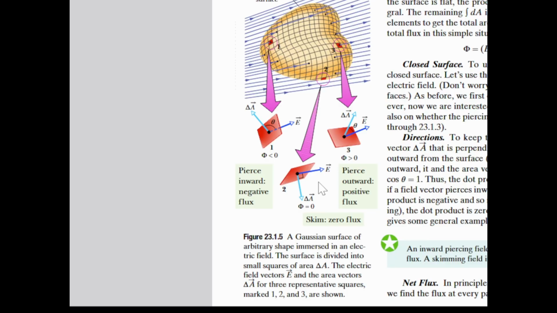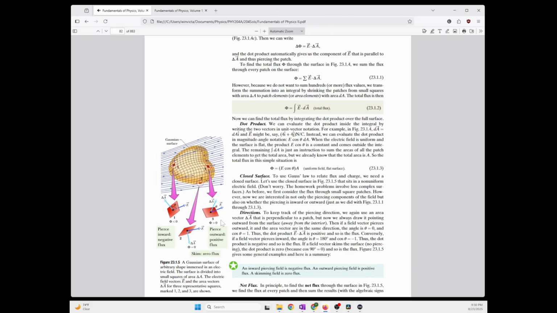In the second situation, the electric field is still pointing to the right, but the surface element is pointing downwards. And in part 3, the electric field is still pointing due east, but we have a surface element that is pointing due northeast. In each case, so long as we know the components of the two vectors, then we can calculate the electric flux. All these electric fluxes are meant to be summed together. The final form will have the look of an integral, as shown in equation 23.1.2.